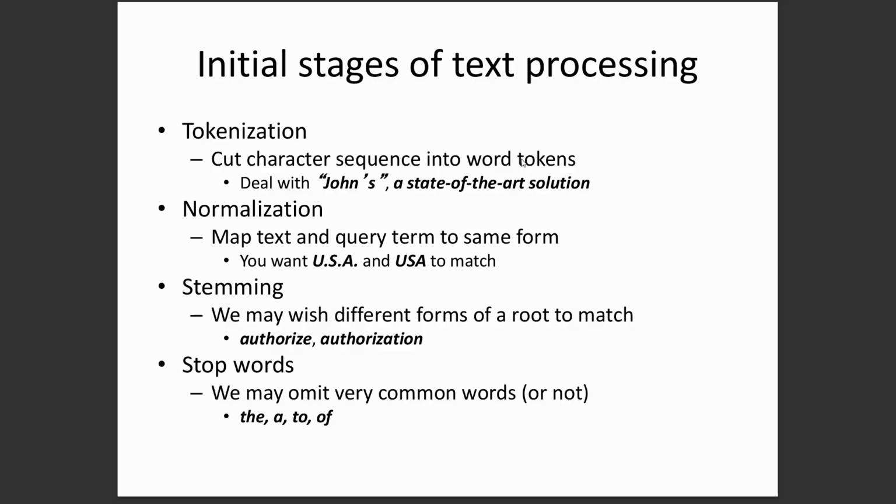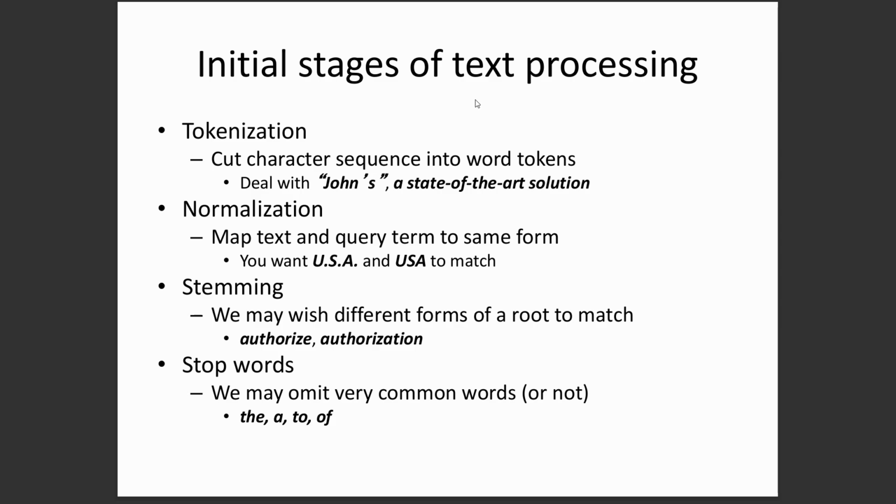The initial stages of text processing are tokenization, normalization, stemming, and stop words. Tokenization means cutting character sequences into word tokens. Normalization means mapping text and query terms to the same form. For example, a user might give the query in a different form.